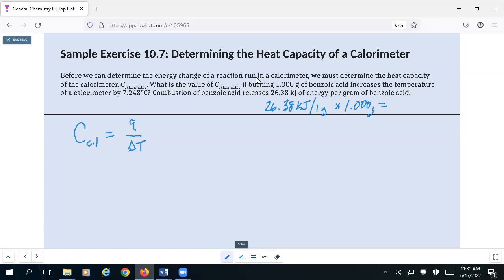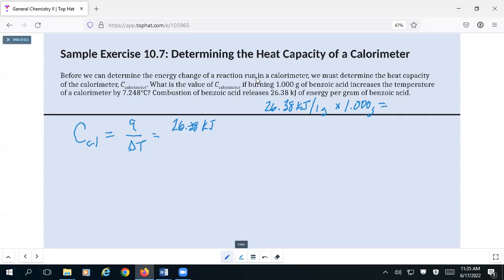So our heat here would be 26.38 kilojoules. They made it nice and easy for us. Here's the heat associated with the combustion for 1 gram. Let's use exactly 1 gram. This is how much heat was generated by the reaction.